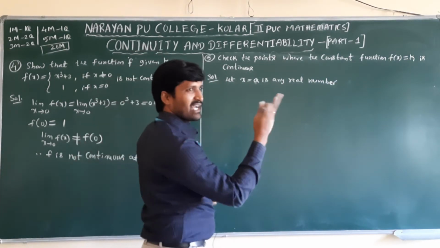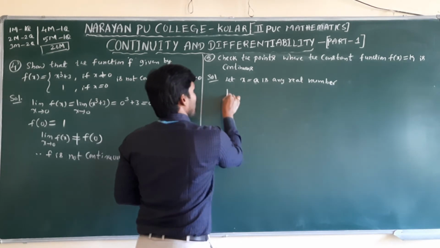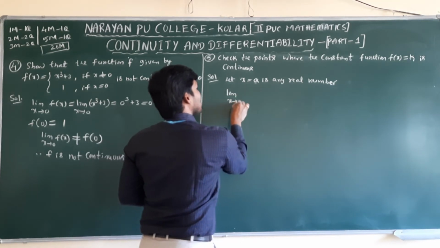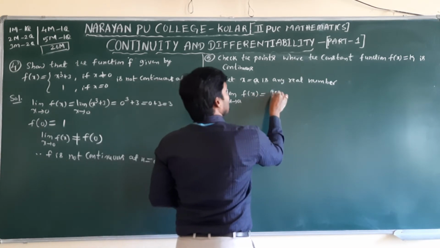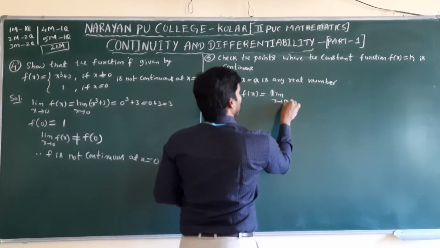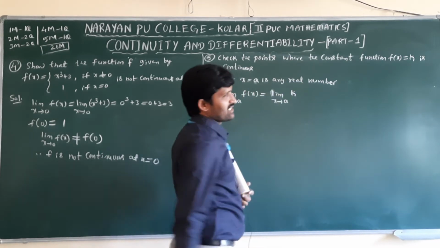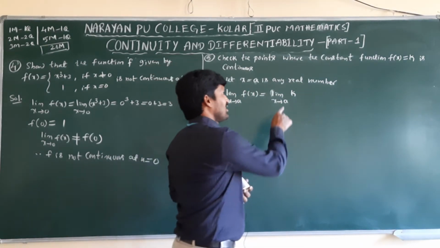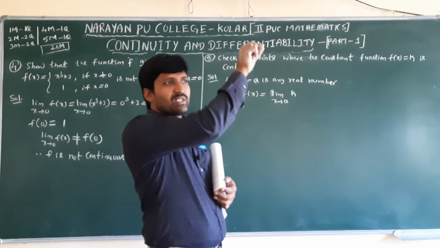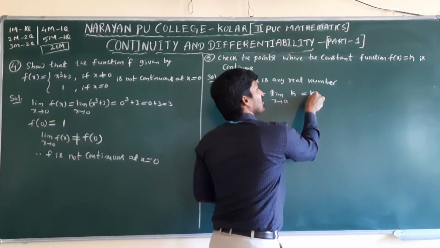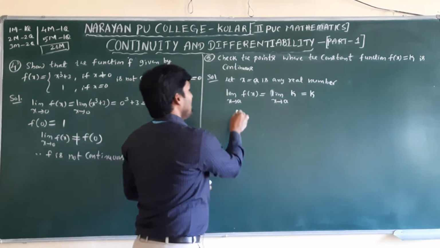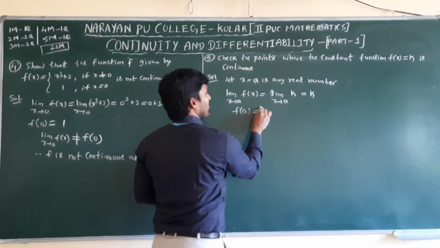Here also less than, greater than restriction is not given. So we will use the first formula only. Limit x tends to a of f of x equal to limit x tends to a. What is f of x here? K, constant. If the function had an x symbol, we could substitute a in place of x. Nothing. Constant means for any limit, its value is how much? K. Next, f of a. F of a also is what?